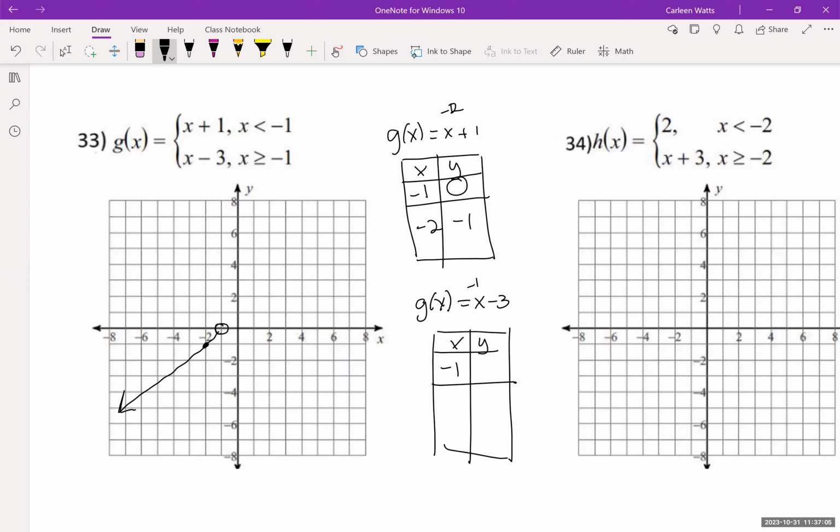Plug in -1. -1 minus 3 is -4. -1, -4. This one is a filled in circle, right? Now, look at this. I need an x value greater than or equal to -1. 0?